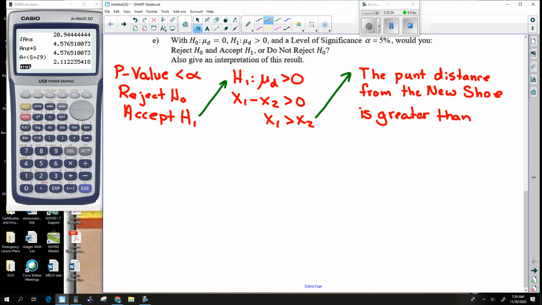Again, make sure you're using the mathematical words. Don't say is more than, is bigger than, is longer than, is anything like that. So is greater than is that middle symbol. So is greater than.